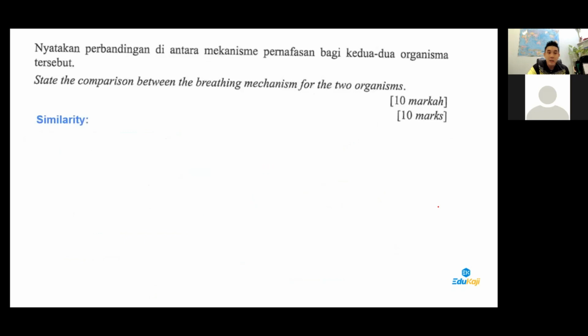Let's look at it. Similarity wise, these two both undergo inhalation and exhalation, whereby they change air pressure in the organ to do so.